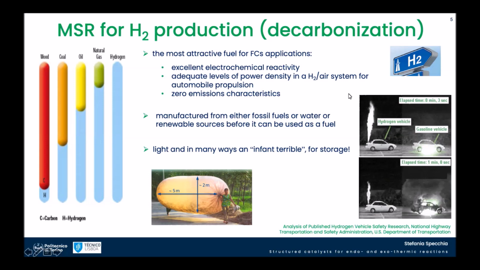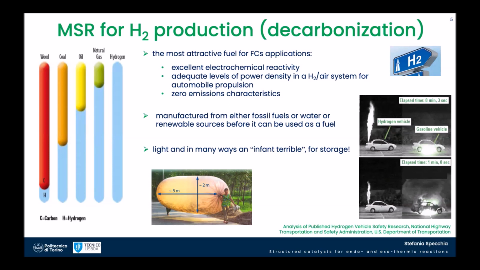So, the lightness of the hydrogen could be a problem for the storage, but as you can see from this picture, it is not that much of an issue in terms of safety, even if the flammability of hydrogen is very high.